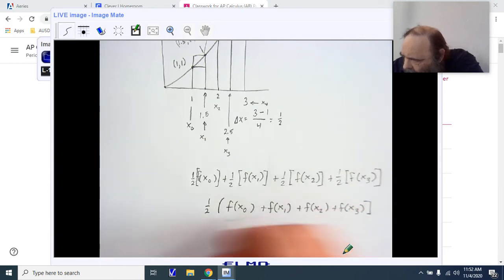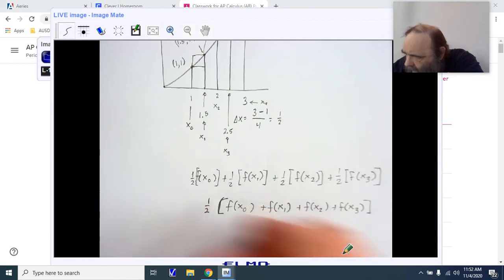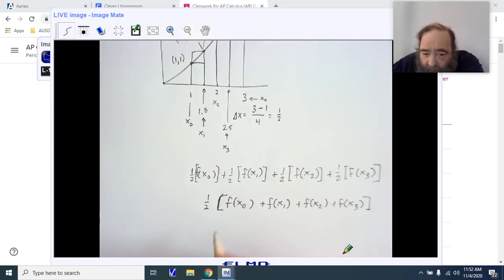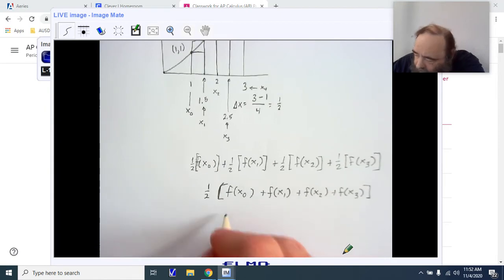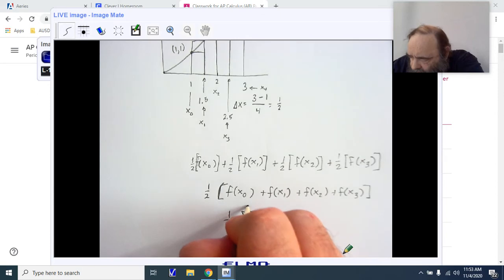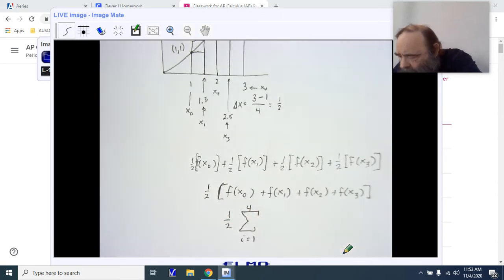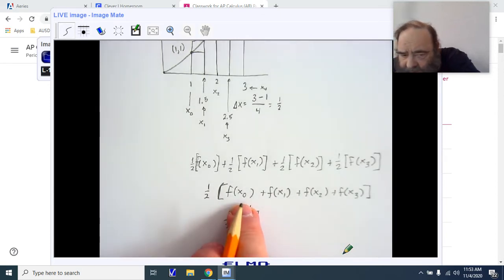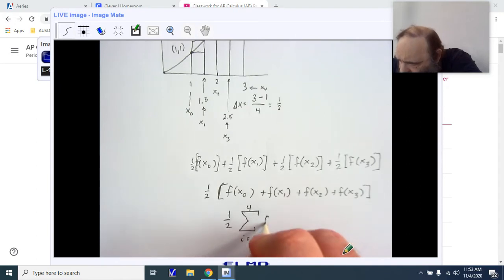Now, ideally, I'm going to put this into a common form. So I'm going to have a summation that uses a variable i and starts at 1, and it goes up to my n equaling 4. But in order to start with the 0, I'm going to have my x sub i minus 1.